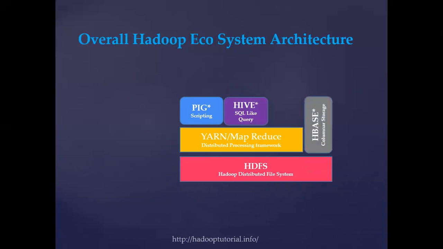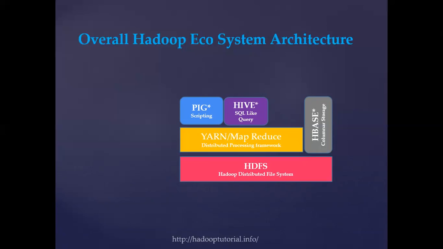And there is one more tabular database component inside Hadoop, which we call HBase. This is a NoSQL database. Even here you will have databases and tables and rows and columns.